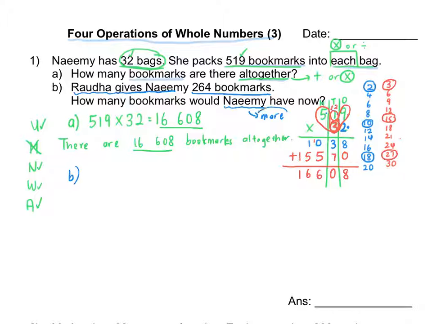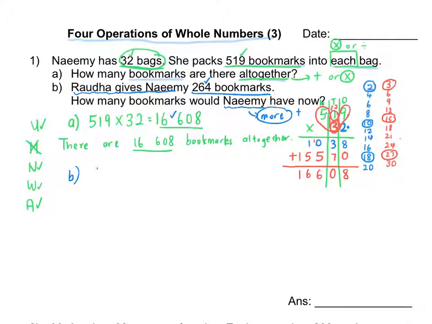So if Naimi has more bookmarks now, what should I do? Should I plus, minus, times, or divide? I should add. But the next question is, which two numbers should I add together? Yes, I should take what Naimi has now plus what Rauda gives her, and I add together.